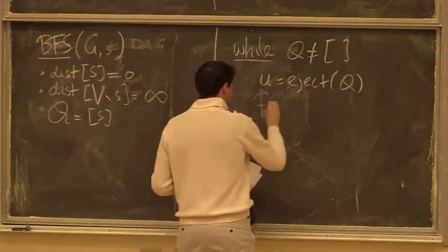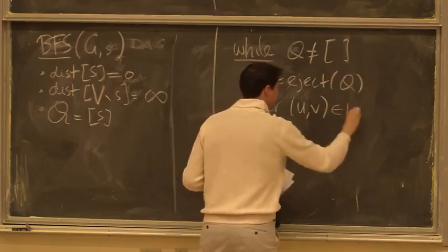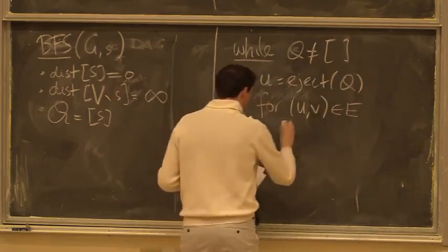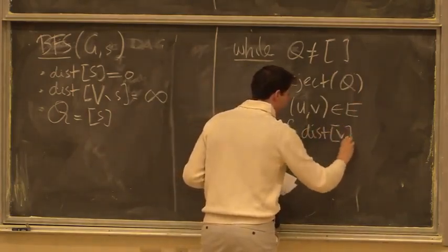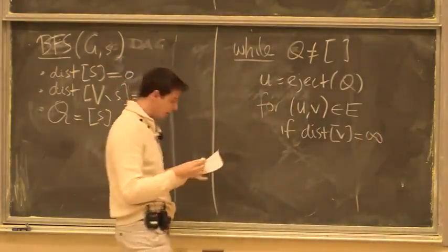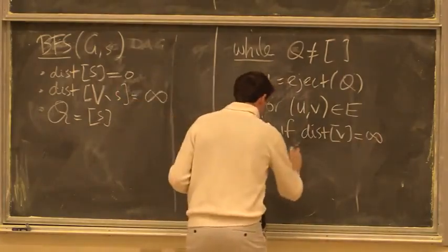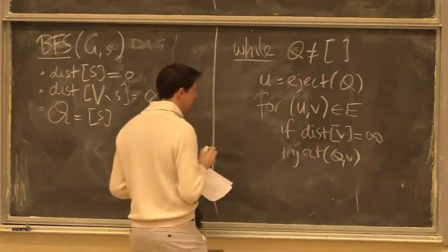And then we're going to say, for every edge that comes out of u, to a vertex v, if we have not seen it, namely if the distance of v is infinity, so it is new to us, then we're going to inject that vertex into the queue.